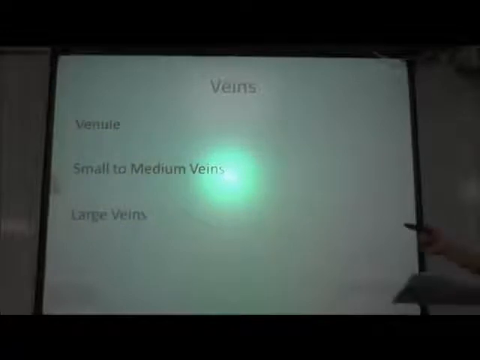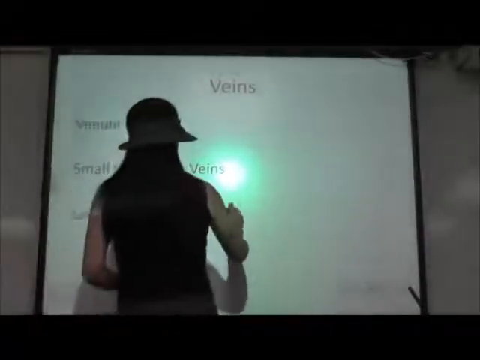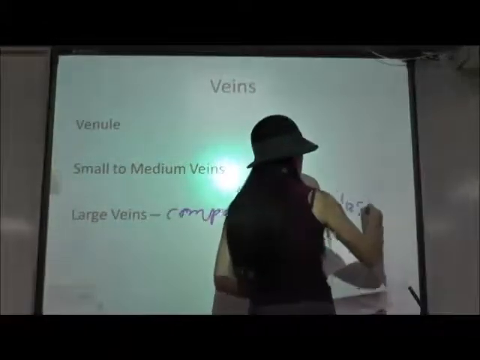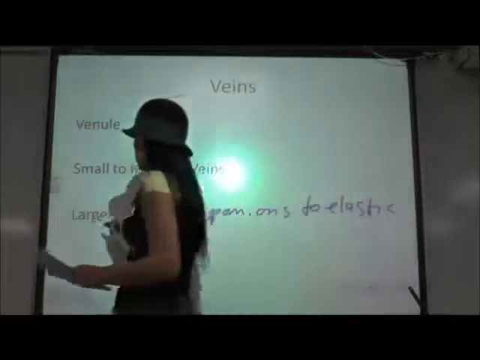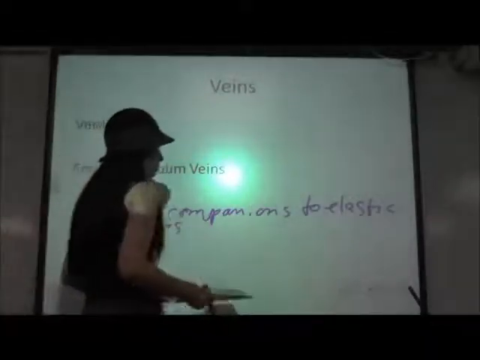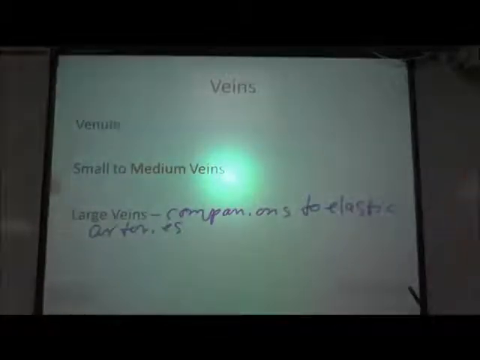Then our large veins are companions to our elastic arteries. They definitely still contain valves. These guys are running into our elastic artery and returning blood to the heart.